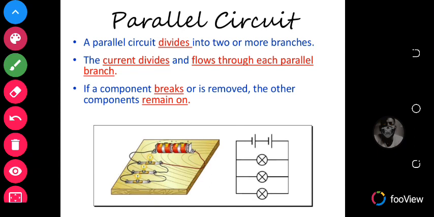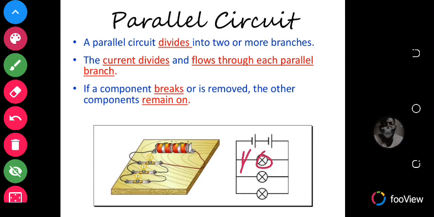So for instance, electrical flow goes this way. It flows from here to here, also from here to here, and from here to here. Now imagine that there is a break somewhere here. This light might not come on, but the rest of the lights will come on, because once there is a break here, the electric flow is not flowing to this bulb.